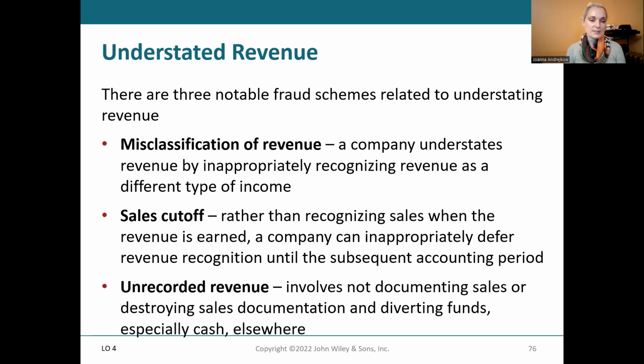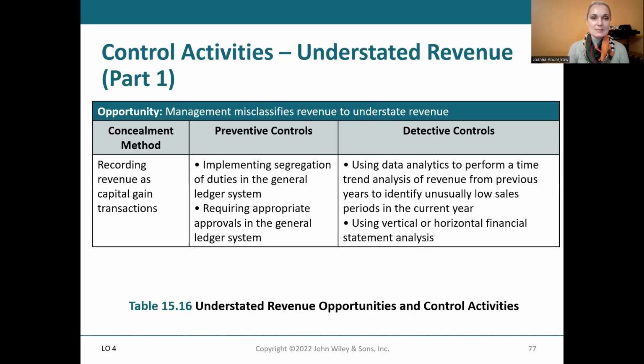You can play with sales cutoff. So rather than recognizing sales when the revenue is earned, the company can inappropriately defer revenue recognition until a subsequent accounting period. Or there could be some unrecorded revenue. This involves not documenting sales or destroying sales documentation and diverting funds, especially cash, somewhere else.